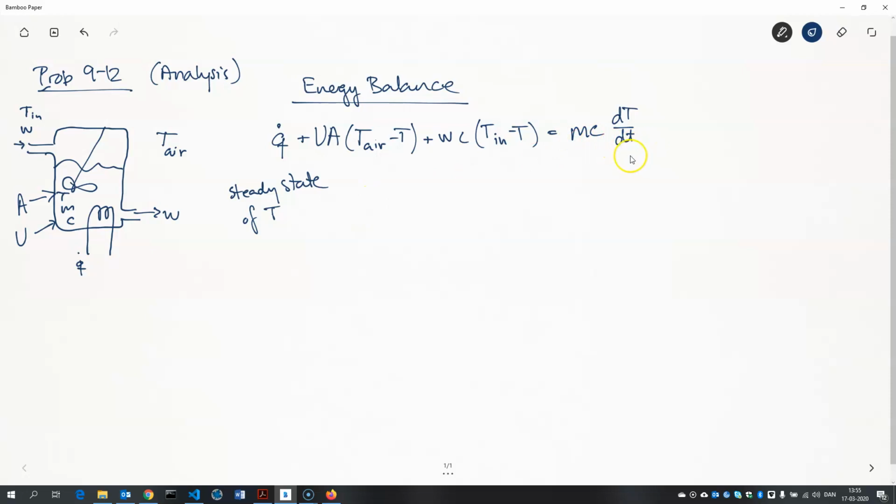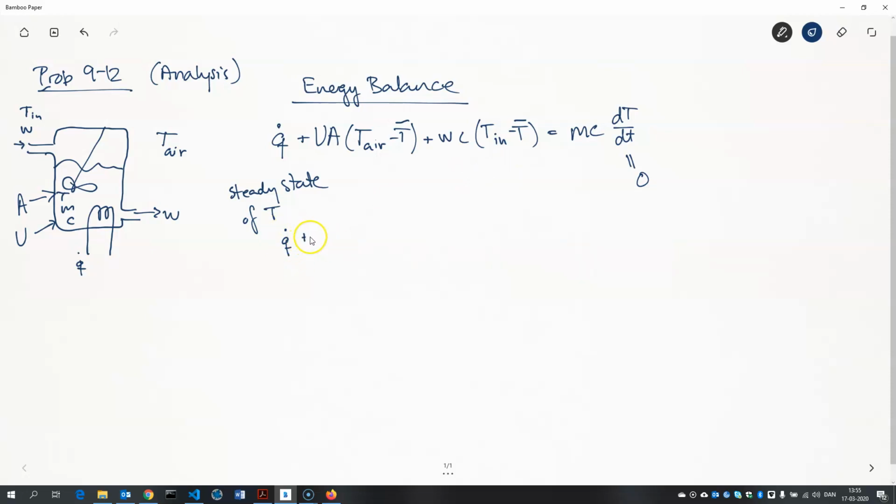Well, we set the differential term here equal to 0, and we mark the fact that this T is no longer a function of time by putting a bar over it. So it's a number now, it's a value. And then we solve this equation for T bar, and that will be our steady state temperature. So let's do that.